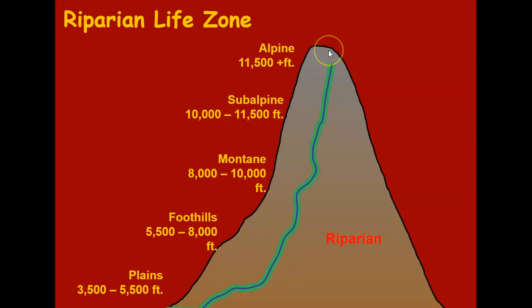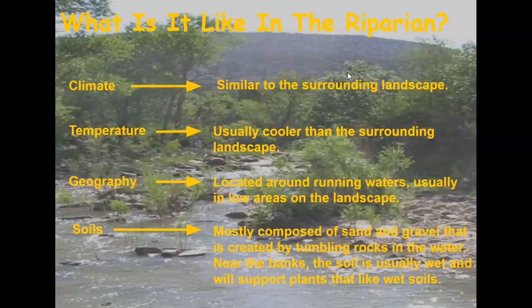There's not really rivers in the Alpine, but the Alpine meadows are the start of all rivers down below. So the climate is going to be the same as the surrounding landscape, but the temperature is going to be cooler because all of that vegetation creates a microclimate. So as the plants are transpiring, the leaves open their stoma to take in gases and release water.